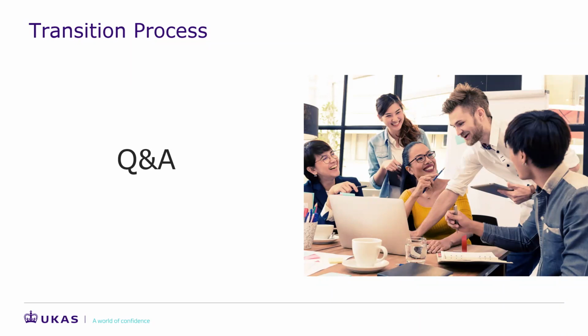Hi, there is another question regarding Lab 30 and RGA, and I'm assuming the question is whether 248 being revised is going to delay the publication of those documents, which have just recently been sent out for public consultation. In short, no, the public consultation will still stand, and there will be an opportunity to have a further public consultation after we've been able to review 248 and incorporate additional bits.